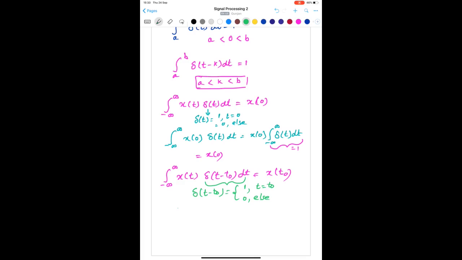So we can write the integral from minus infinity to infinity of x t naught delta t minus t naught dt. Now x t naught is a constant and can be taken out of the integration, and the remaining part is equal to 1, so this is equal to x t naught.